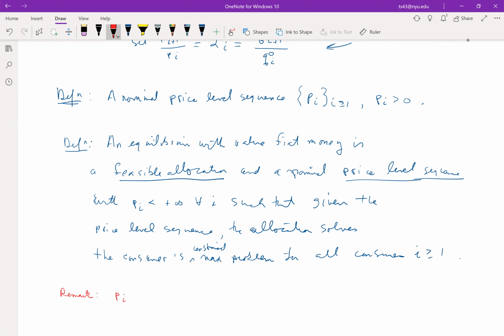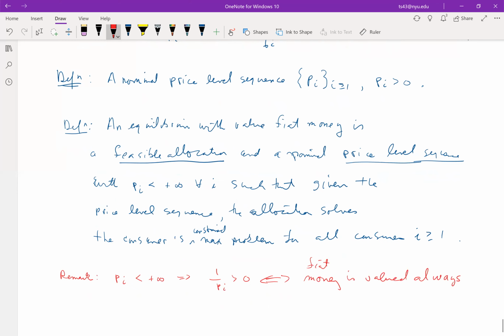A remark: PI less than infinity implies that 1 over PI is positive, which means that fiat money is valued always. That's what that means.